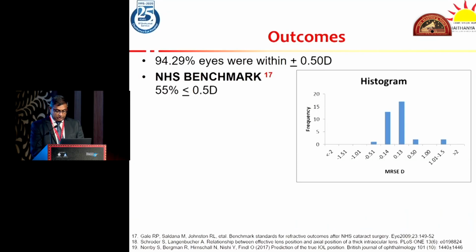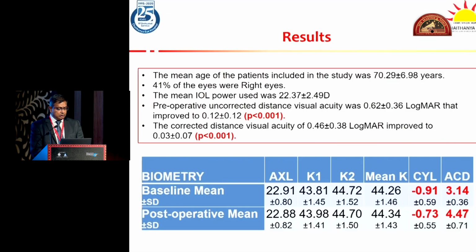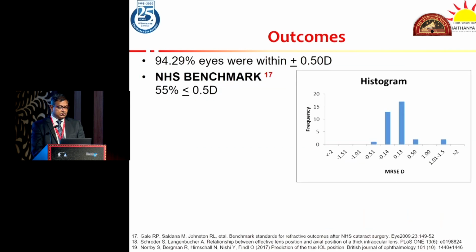So what changed from the mean baseline was basically some cylinder and the ACD, which is basically because the cataract is gone and the IOL is coming. Otherwise, there were no unexpected surprises in the pre and post keratometry. 94.2% of the eyes were within half a diopter of emmetropia.